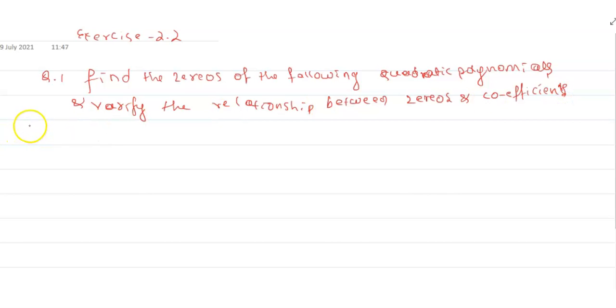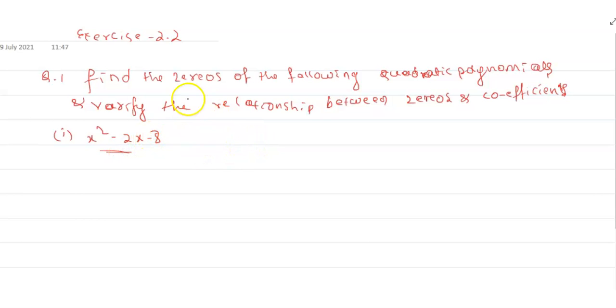Okay, the first question here is x square minus 2x minus 8. You have to find the zeros.